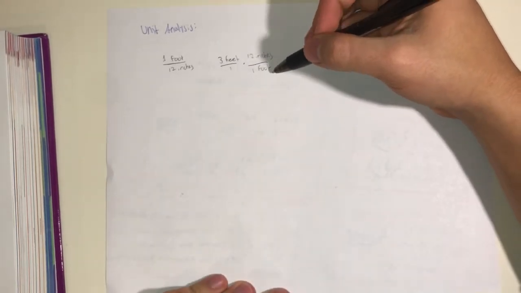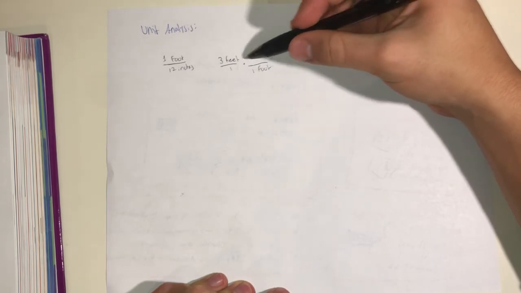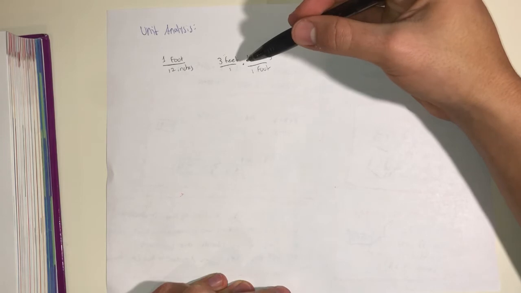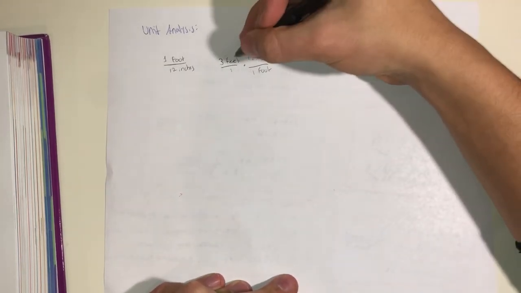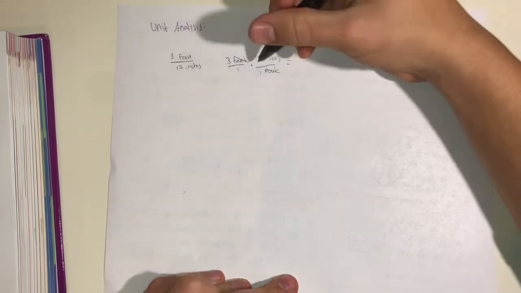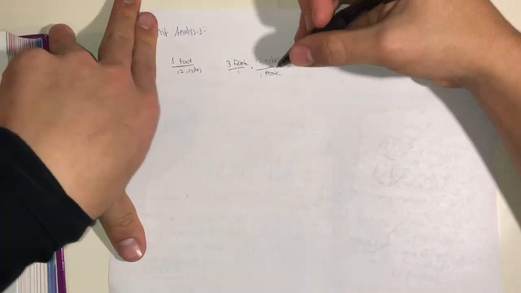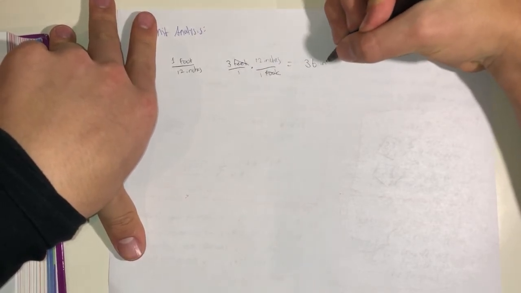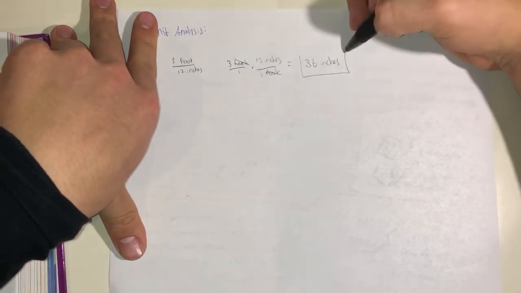Since 12 inches is the same thing as 1 foot, this is basically 1 over 1. So in reality, you're not changing the original value, you're just changing the way it's presented. So feet and foot would cancel out, and then multiplying, you have 36 inches, which is 3 feet converted to inches.